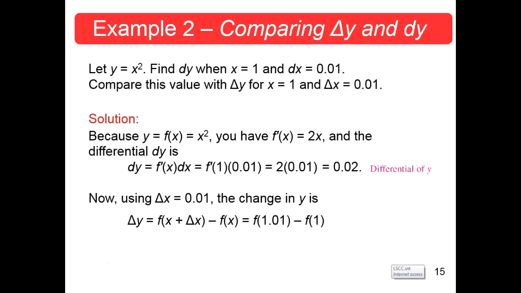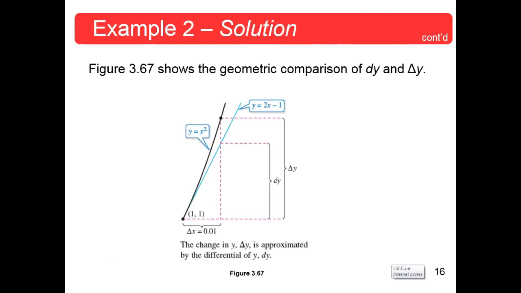So do this one, which is what you did, and you found that to be 1.0201 minus 1, the difference there is 0.0201 compared to 0.02, a very good approximation. Very good. This is the actual change. There was the approximate change. Now, this figure shows what they're kind of talking about, the geometric comparison.